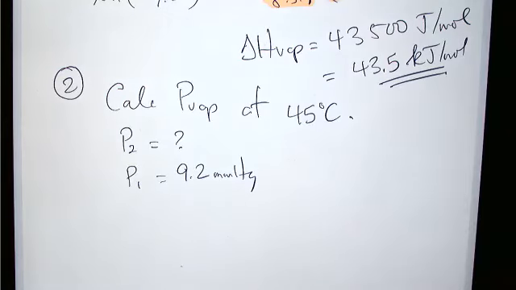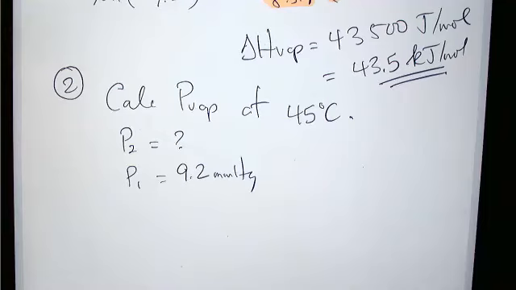By the way, do I know a P1 and a T1 without even looking at a data table for water? Do I know a pressure and a temperature for water without even looking in the data booklet? Yes, I do. And so do you.